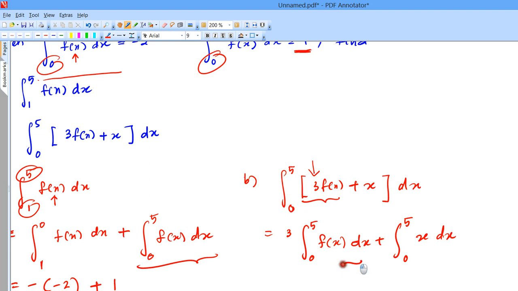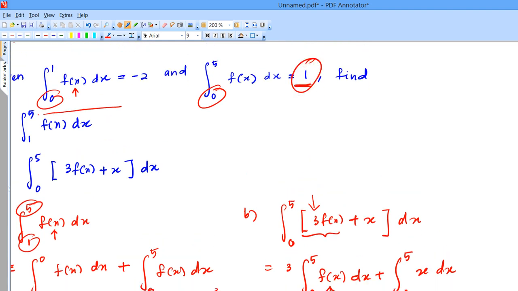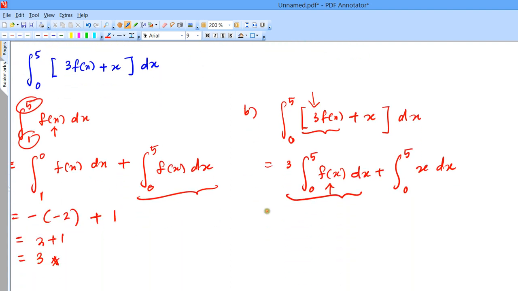For the first integral, we can substitute based on the given information, because we have the function name f(x). The integral of f(x) from 0 to 5 is actually equal to 1. So it equals 3 times 1, plus, for the second integral, since we don't have a function name but we have a variable, we need to integrate.